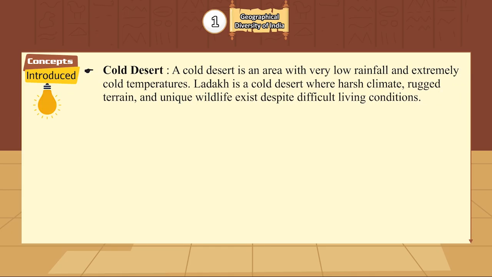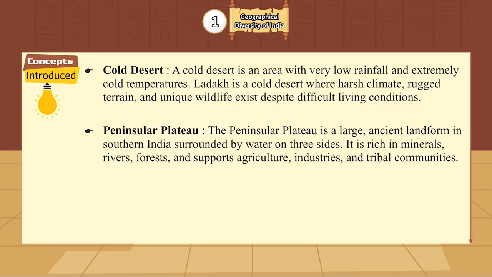Cold desert. A cold desert is an area with very low rainfall and extremely cold temperatures. Ladakh is a cold desert where harsh climate, rugged terrain, and unique wildlife exist despite difficult living conditions. Peninsular Plateau. The Peninsular Plateau is a large ancient landform in southern India surrounded by water on three sides.